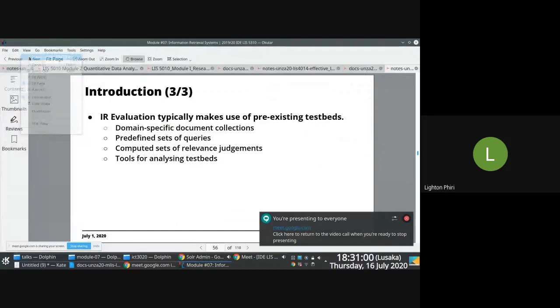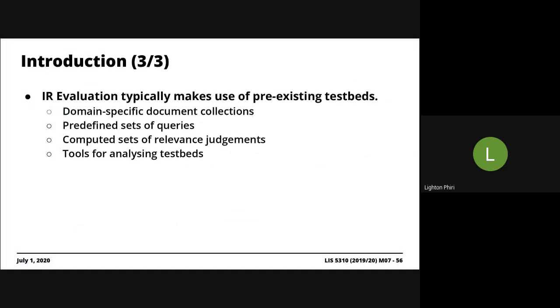And the idea behind using these pre-existing test-bases is that you have access to things like predefined queries, for instance, right? So what you typically do when evaluating an information retrieval platform, and this is just hypothetical, is you tell a user to use this query, run it against this information retrieval platform, and tell us whether the results that you get back are relevant to your search, right?